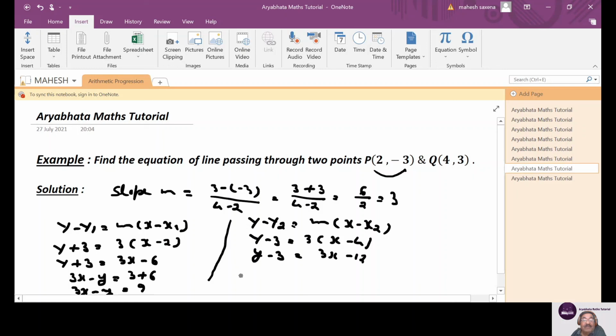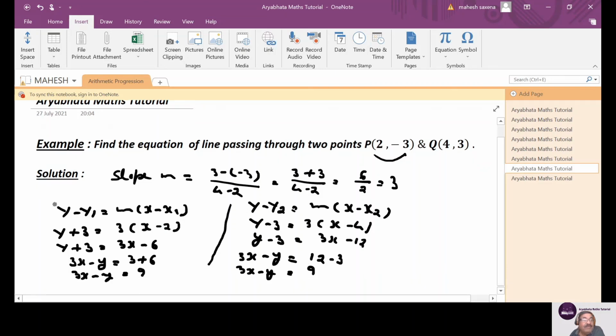Therefore, the equation is 3x minus y is equal to 12 minus 3. That is 3x minus y is equal to 9. Now it is clear that whether we use this formula or this formula, the equation of the line comes the same. So we can use either of these two formulas.